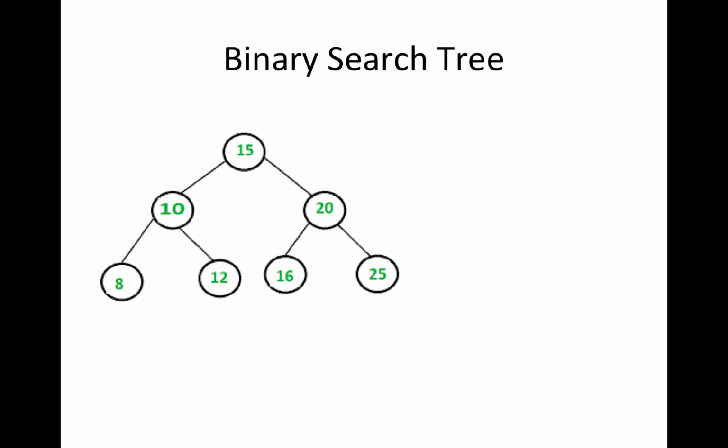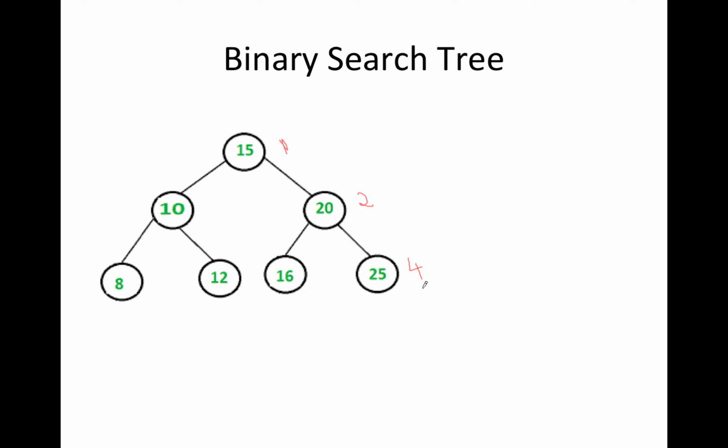So a couple of interesting properties about balanced trees in general before we look at binary search trees. The tree here is a balanced tree just because the height of the left subtree and the right subtree is the same for all the nodes. In a balanced tree, as you can see, the root has just one node, the next level has two nodes, and the next level has four nodes, and so on.